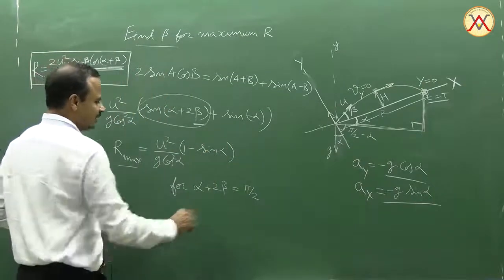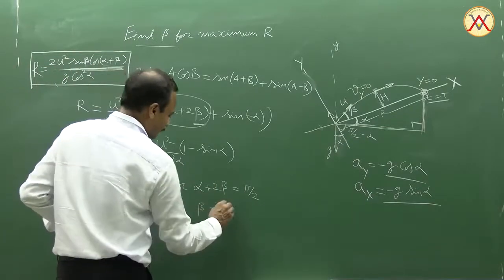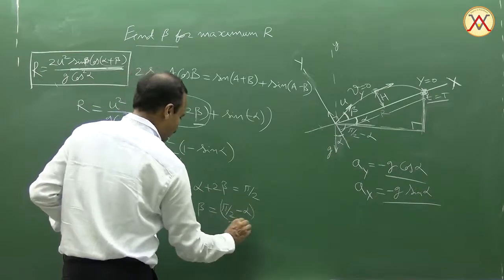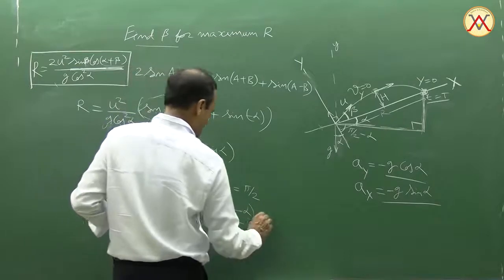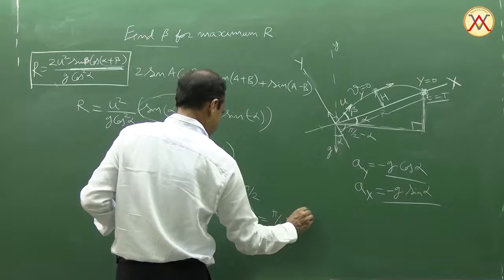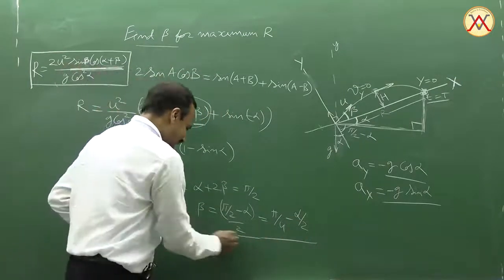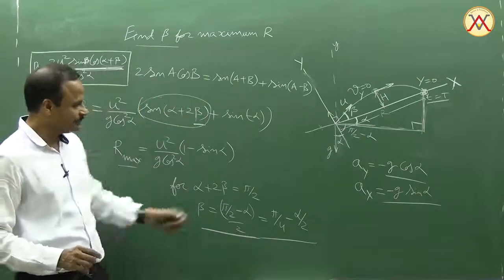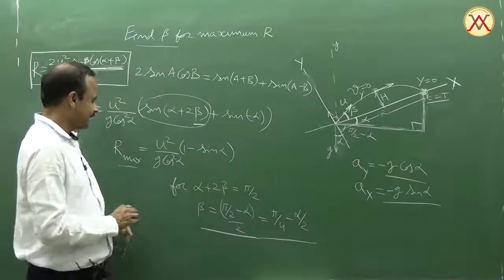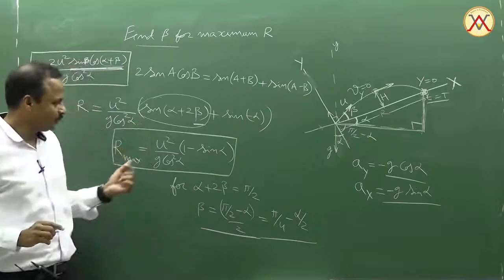That means the value of beta is pi by 2 minus alpha upon 2, or you can say pi by 4 minus alpha by 2. So at this angle, if the projectile is fired from the inclined plane, we get maximum range, and the maximum range is equal to this value.